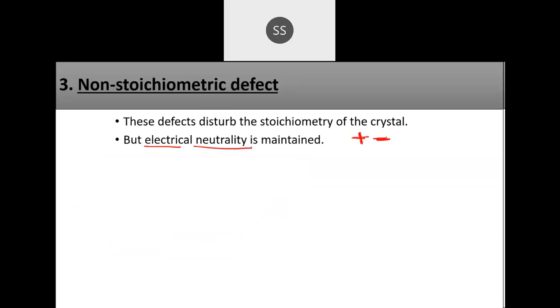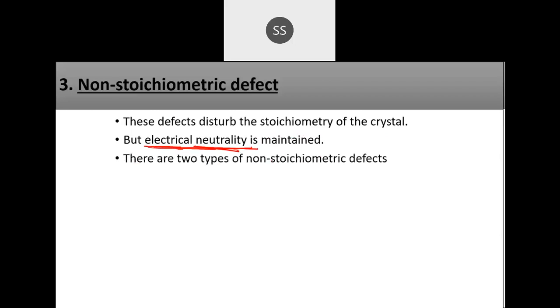Maybe an anion might not be present, but somehow electrons will be present, which will nullify the positive charges. You will understand this when you see the defects and how the electrical neutrality is maintained. Some rearrangement will take place so the whole crystal stays neutral, carrying neither a positive nor a negative charge.